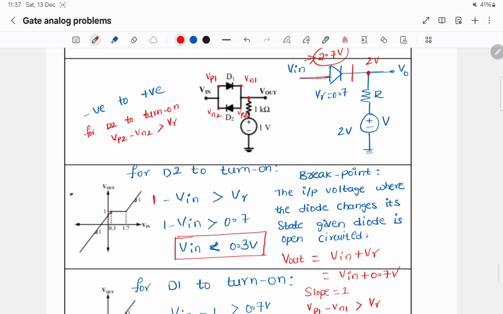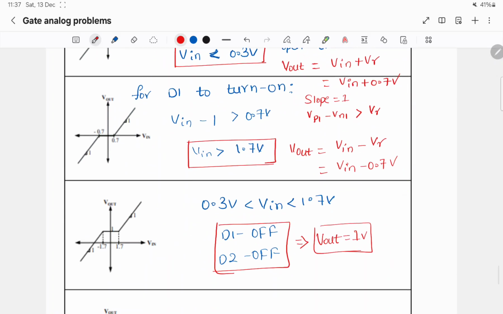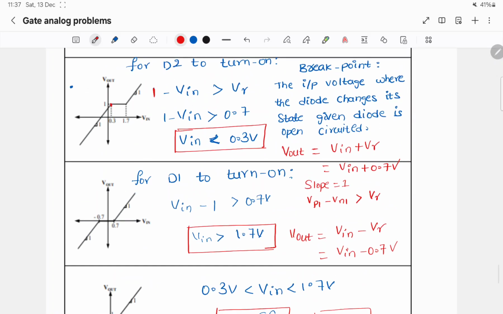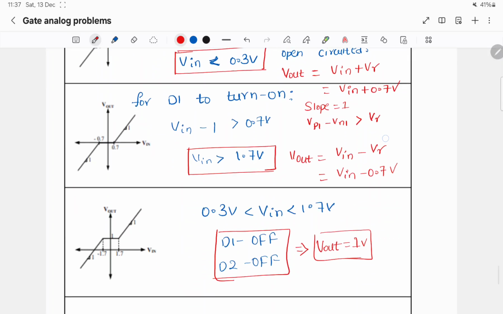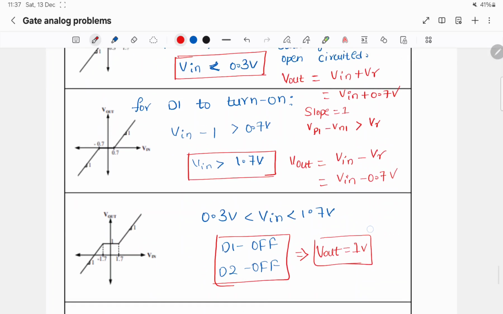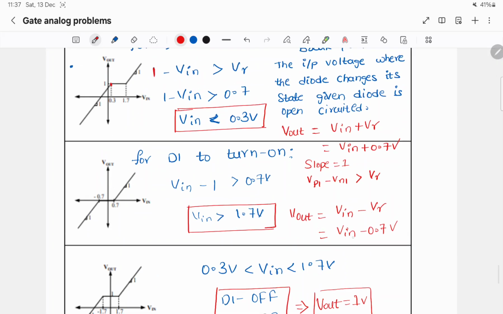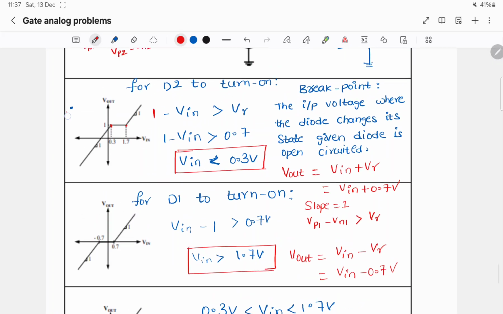Here no current flows, 0 volts drop here, so 1 volt will be there. So at 1.7 volts, V out will be 1.7 minus 0.7, that is 1 volt, and it will have a slope of 1 after that. So the answer is this option.